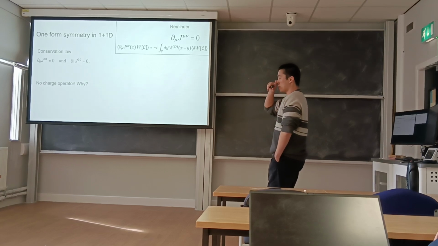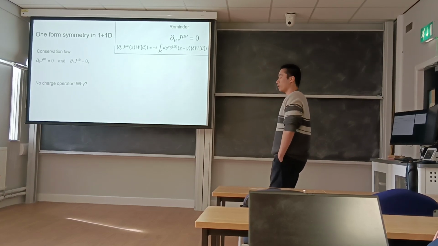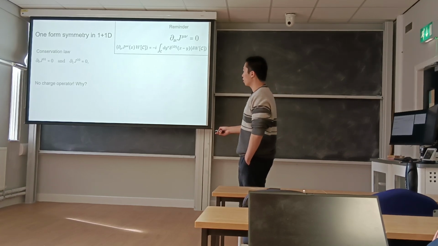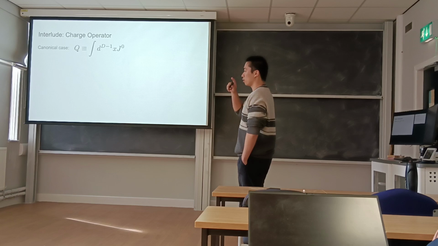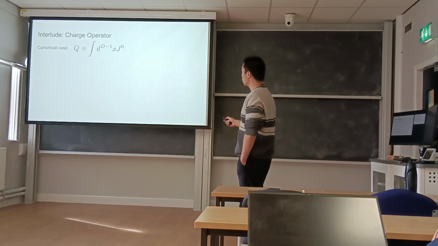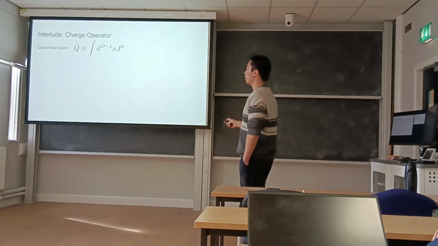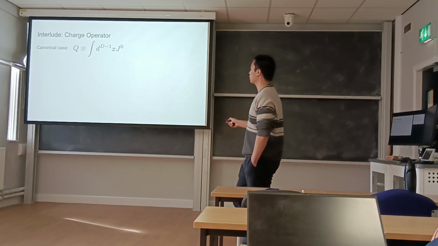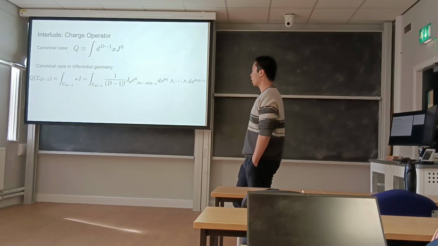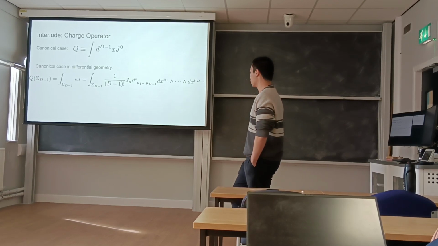Now we notice that there is something peculiar going on in 1 plus 1 dimension, which is that we do not have a charge operator. And to understand this better, let us revise the charge operator. So first, in the canonical case, we integrate the time component of the conserved current over the spatial slice, right? And we can formulate the same thing in differential geometry.